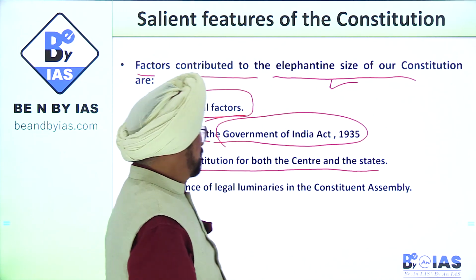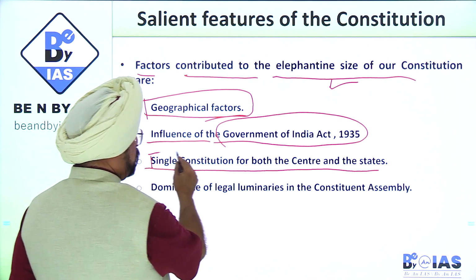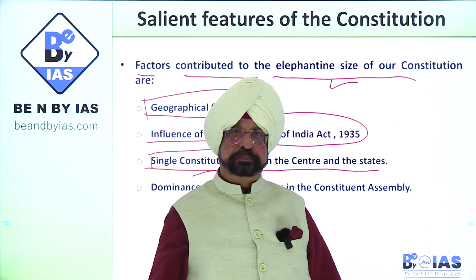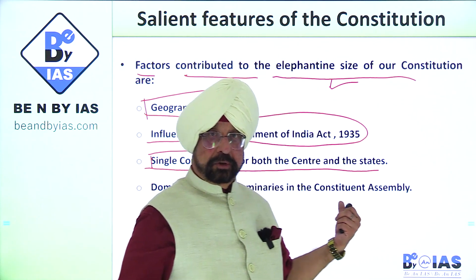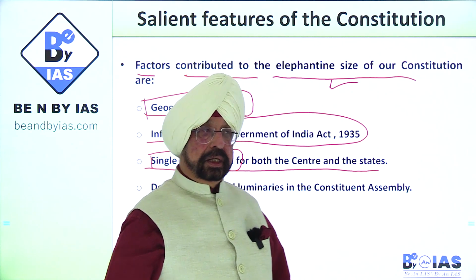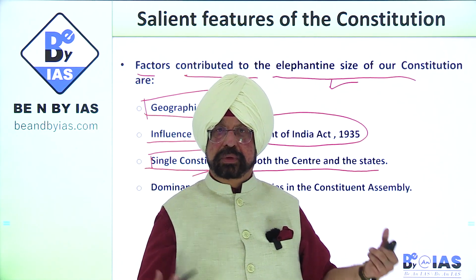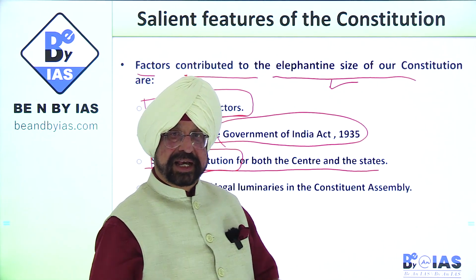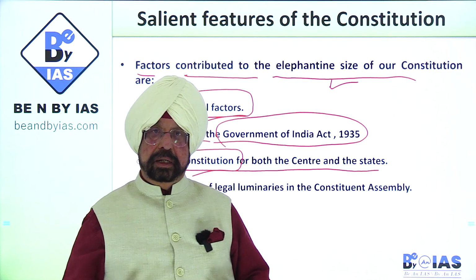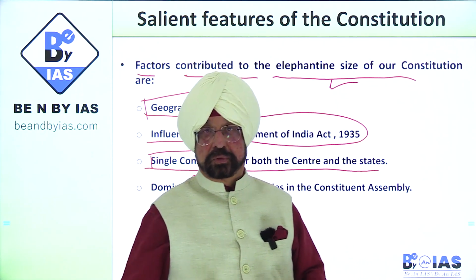So both the states and the center have one single constitution, and we have 29 states. If we had got different constitutions or mini constitutions for the states, the size might have been smaller. But we have a single constitution which has to take care of the needs of the states and various forms of the governance of those states.